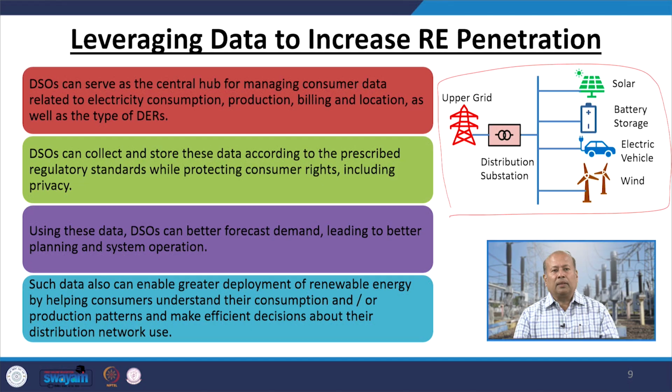Using this data, DSOs can better forecast demand, leading to better planning and system operation. Such data can also enable greater deployment of renewable energy by helping consumers understand their consumption and or production patterns and make efficient decisions about their distribution network usage.